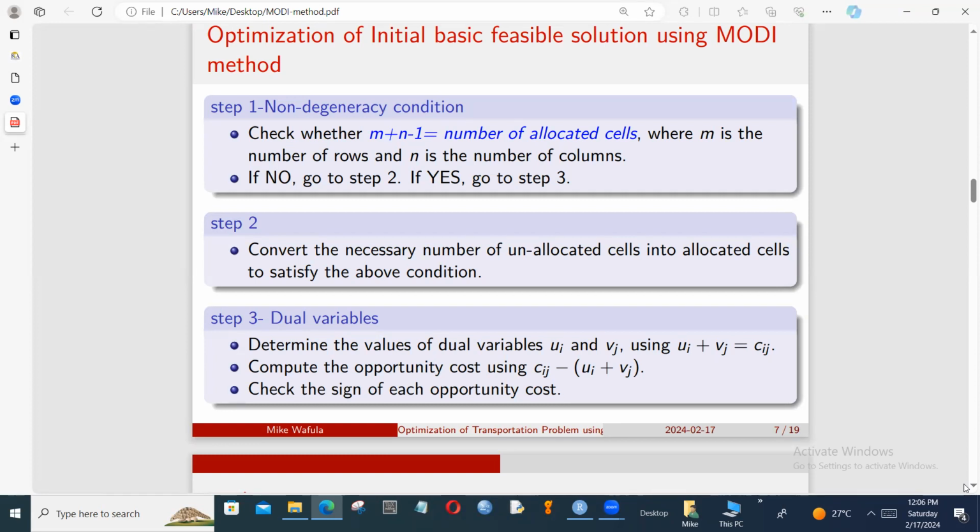You check whether the sum of rows and columns less 1 is equal to the number of allocated cells, and you desire that this becomes true. But if that is not the scenario, you go to step 2, where you deal with the conversion of some unallocated cells into allocated so that this property can be fulfilled.